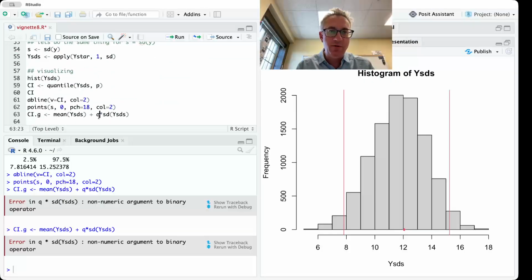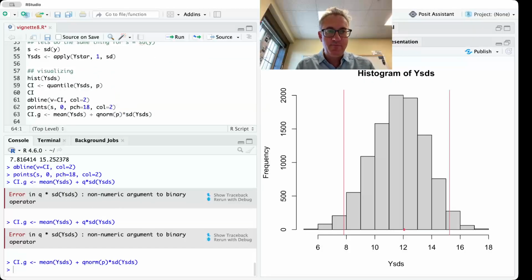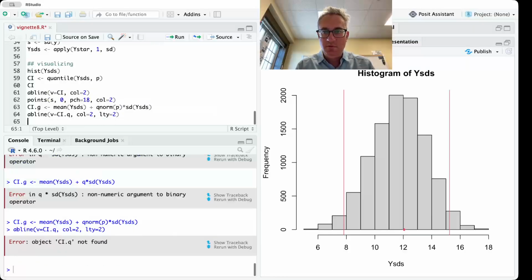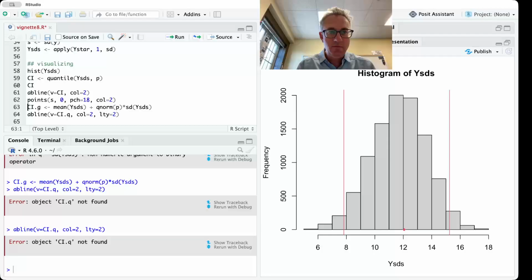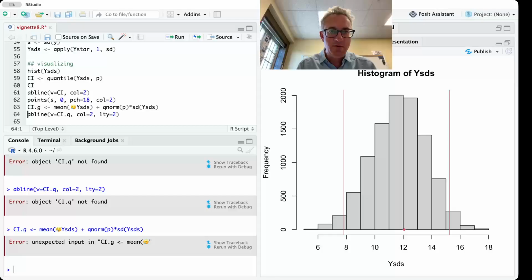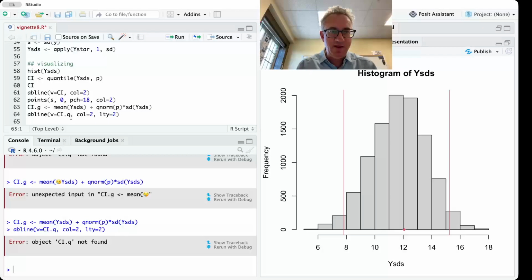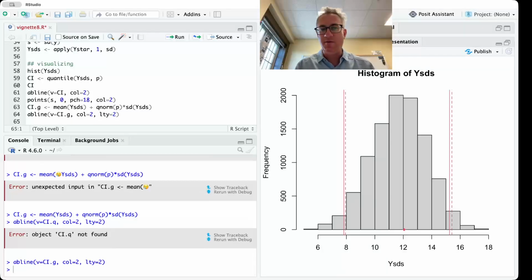Oh, I did qnorm of P. And then abline v equals CIG, not CIQ. Oh, I got a sad face in there. Whew. Must be getting late in the day. There we go. So you can see there's not much difference between those two different confidence interval calculations.